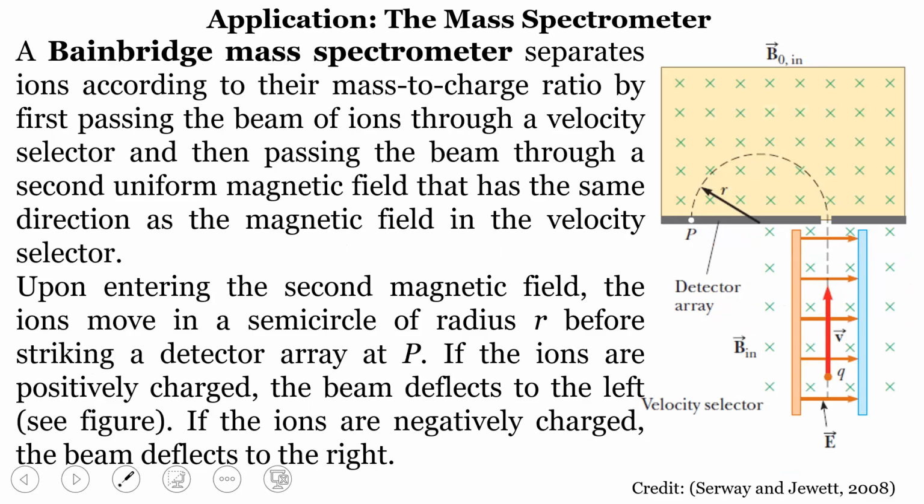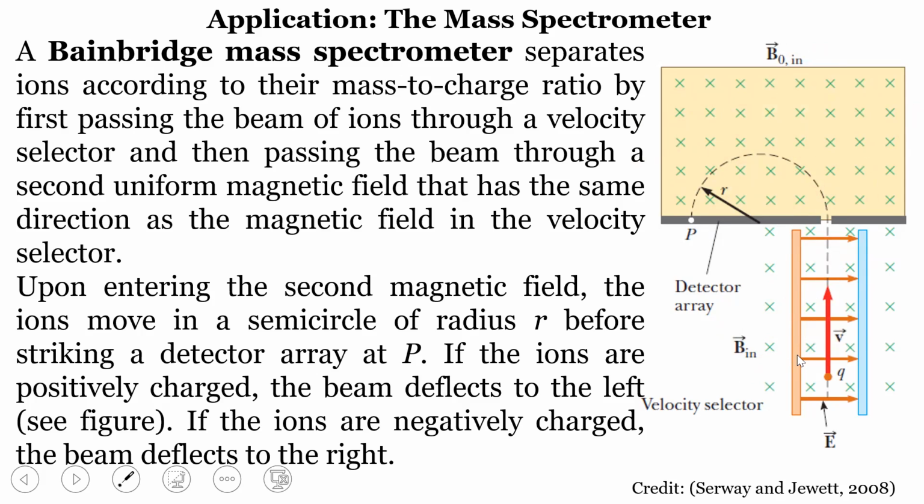It involves the use of a velocity selector, which is a combination of electric and magnetic fields, and also an additional region that is made of just a magnetic field without an electric field. The magnetic field in this second region is described here as B naught in, while the one in the velocity selector is B in.